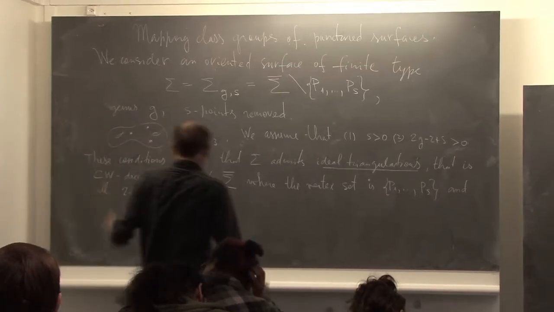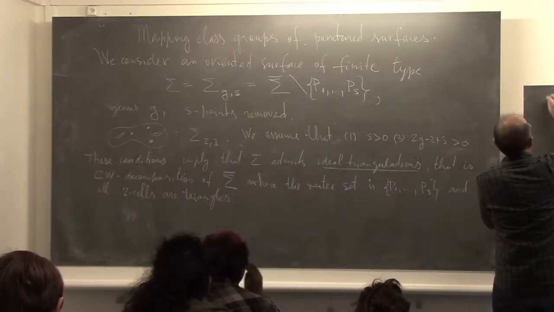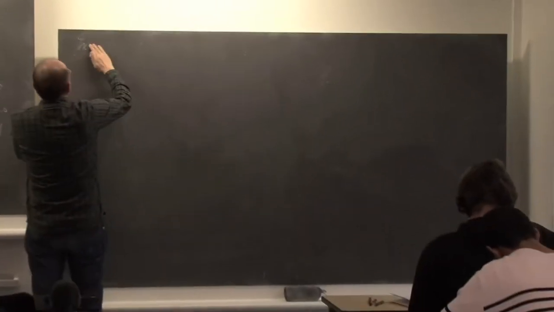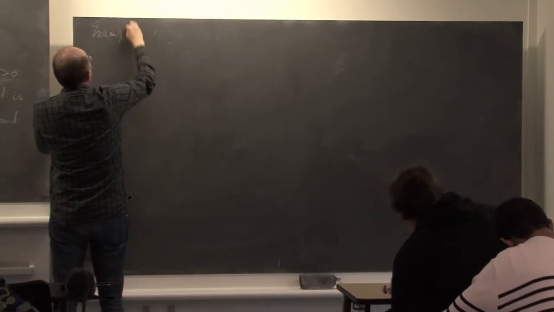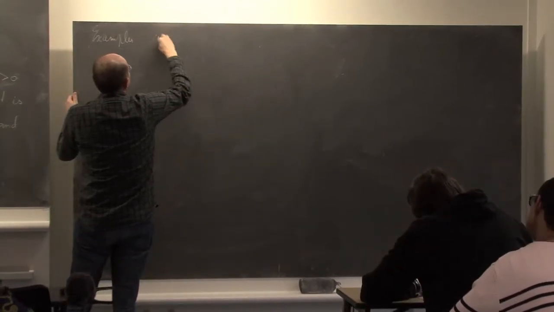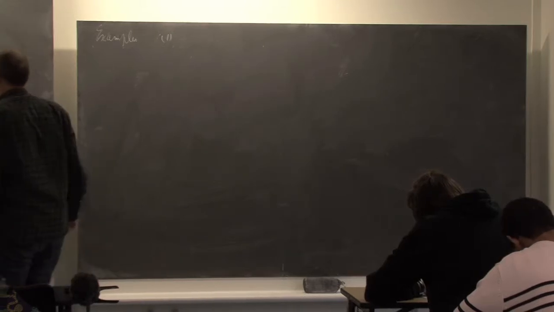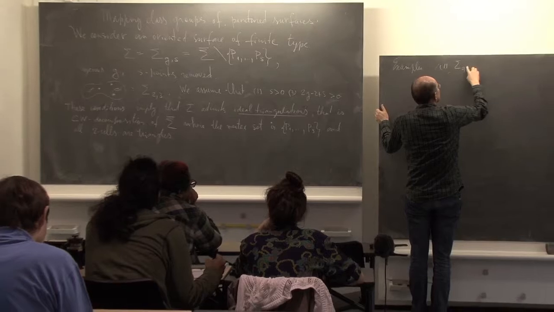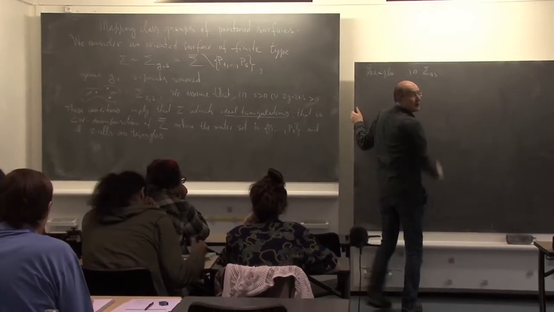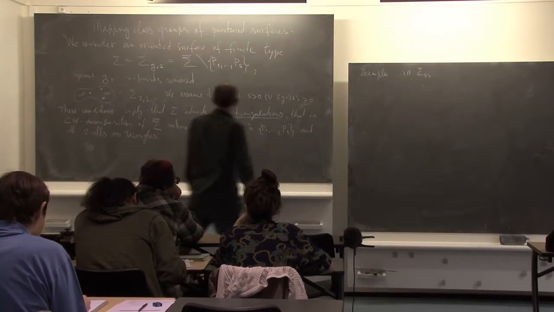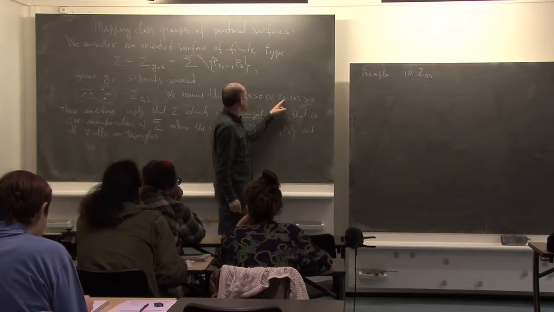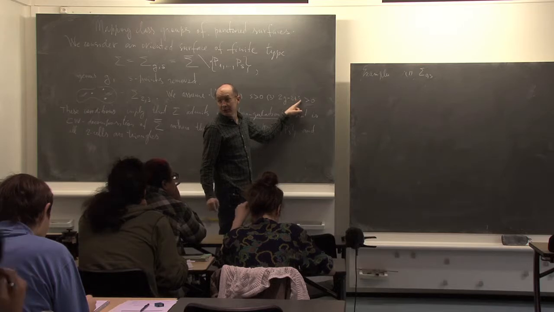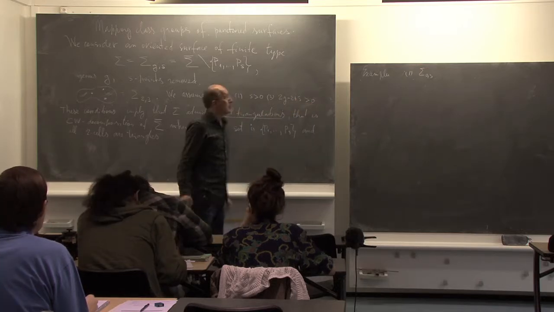So let's see examples. Let us start with a minimal case of type 0,3. We cannot have fewer than 3 punctures in the case of the sphere, because when g equals 0, we need at least 3 for s to have this inequality.